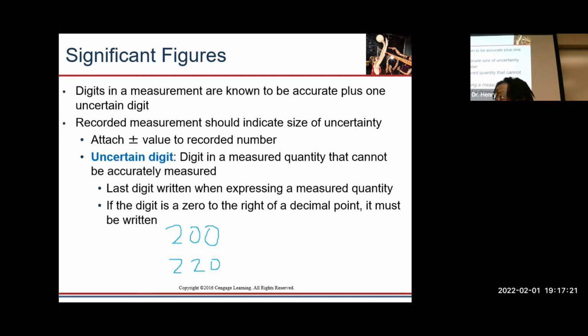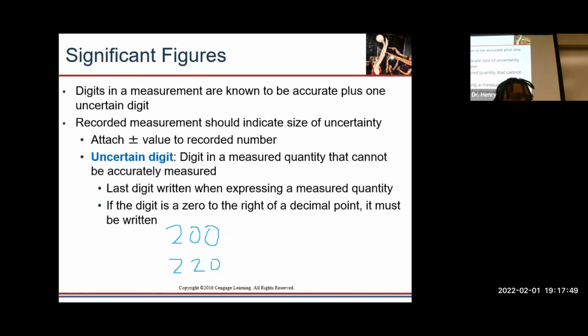It's still 220, but there's only 2 significant figures. This 0 is only acting as a placeholder. We're not 100% sure what that 0 is. Same case here. These zeros are acting as placeholders to let us know that it's 200 and not 2, right? But we have a lot more uncertainty associated with the top number.